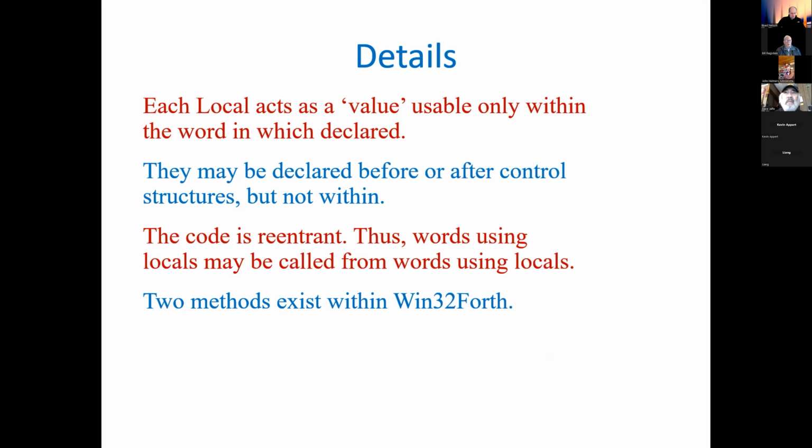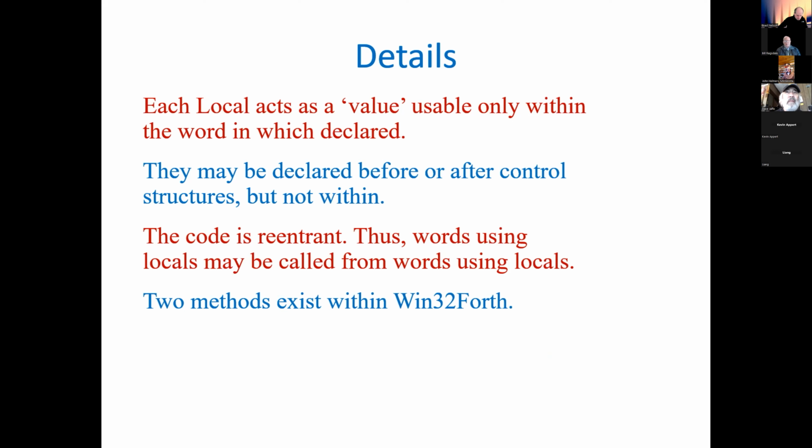One of the restrictions is that locals cannot be declared within a control structure because they generally use, or in my case, they all use the return stack. So the return stack has to be neutral. You can't have any extra items on the return stack when you declare the locals, because once you've declared the locals, anything on the return stack is inaccessible.